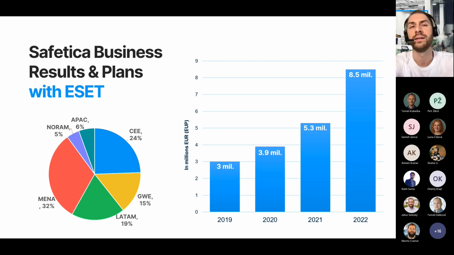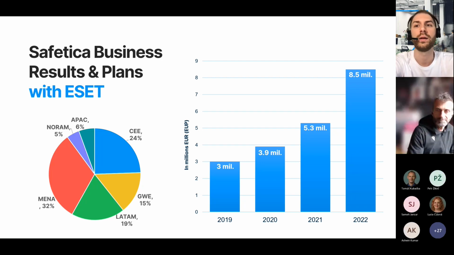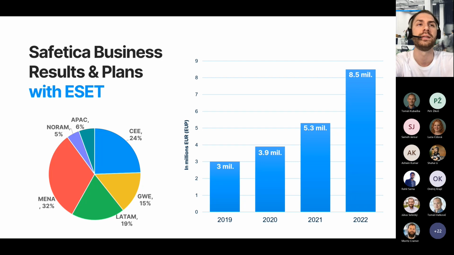In the following slides, I will explain where we see the big opportunity. From the region perspective, almost 1/3 of the revenue comes from Middle East and North Africa. Then almost 1/4 of the revenue comes from our joint business with ESET from Central and Eastern Europe.